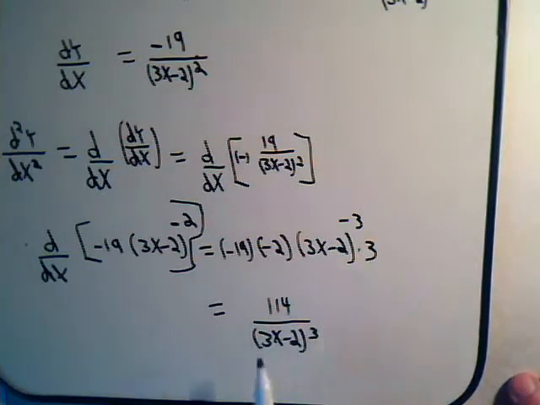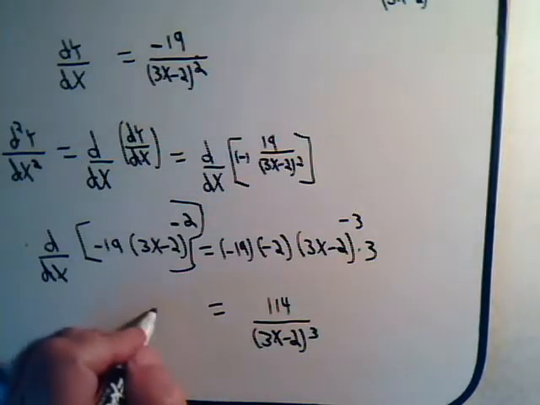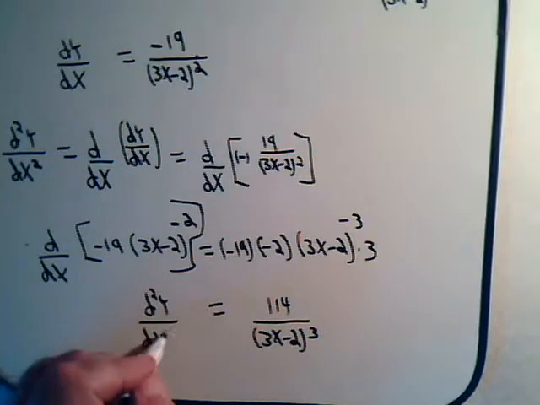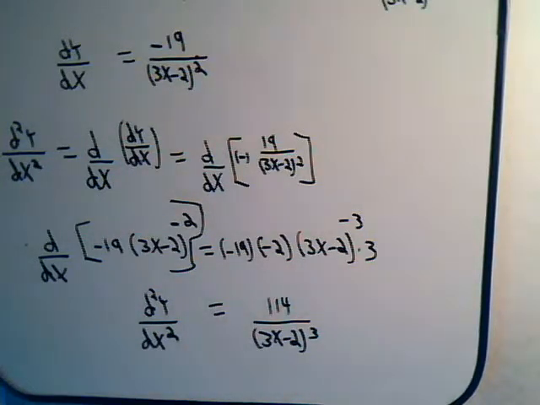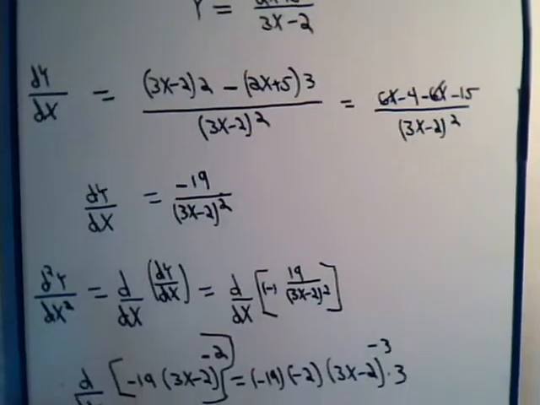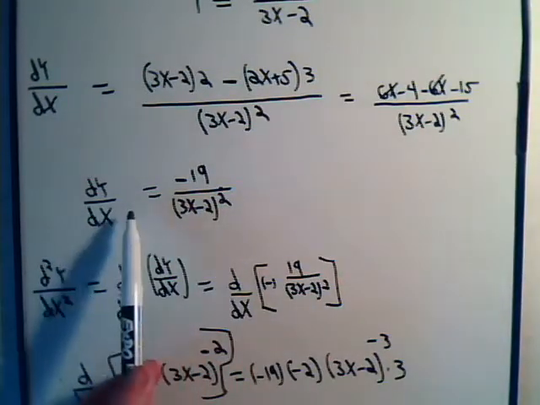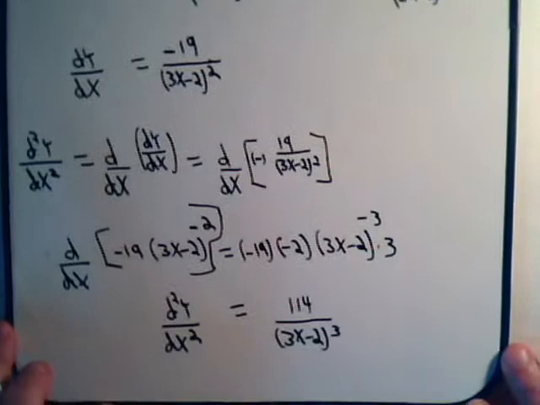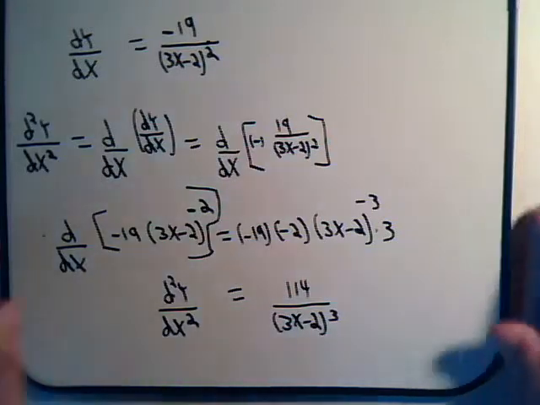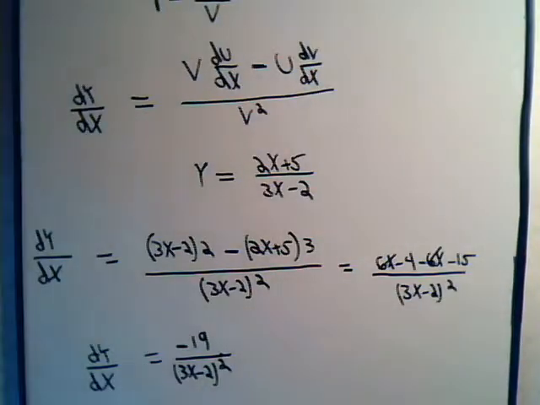This is a minus, so you can put it in the denominator, and that is 3x minus 2 cubed, and that would be the second derivative. So, for this problem here, we found dy dx, that's this, and we also found the second derivative, that's this. So that wasn't too bad. Let's see if we have time to look at one more problem.